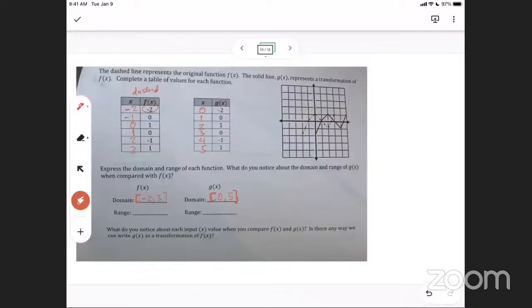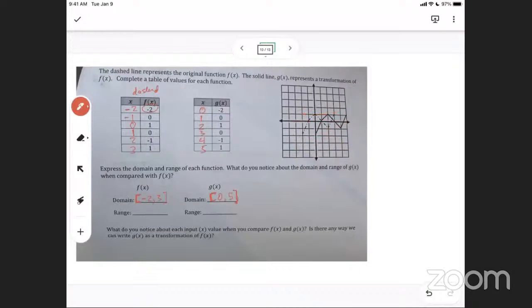And what's the range going to be? Do you remember how to find range? Is it -2 to 1? Yeah, good job. It's from -2. So it starts here and it ends here if I'm going from bottom to top. And both of them are the same, right?